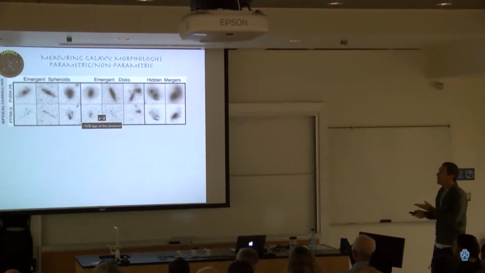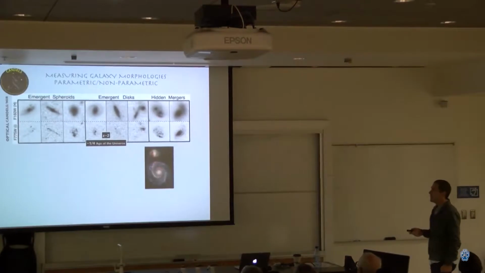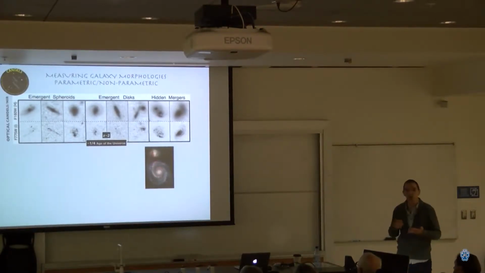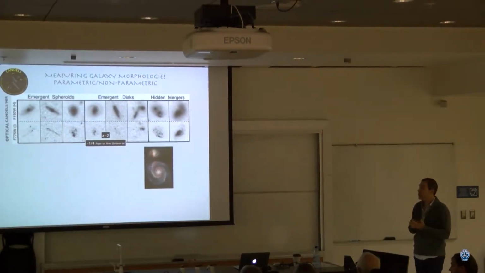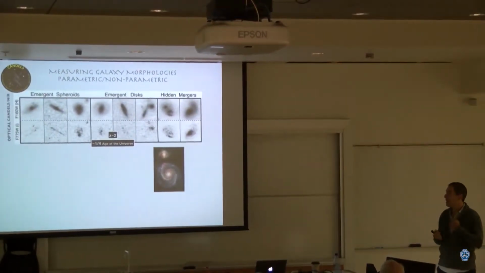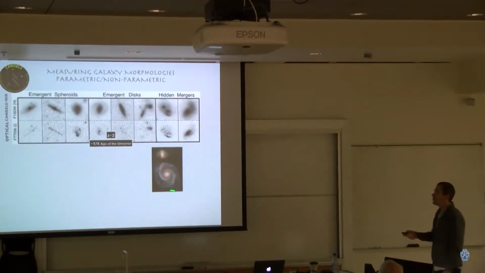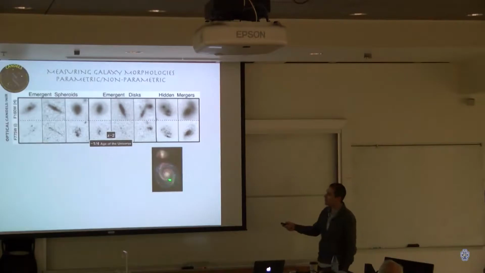Okay? Another way of thinking about this, if you've played with Photoshop, for example, is that when you make a color picture, you're really combining three or sometimes more black and white pictures in different bands. So you can see red, green, blue, and you combine these black and white pictures and make a color image. If you look at this beautiful galaxy, you can see that it looks kind of yellowish here.